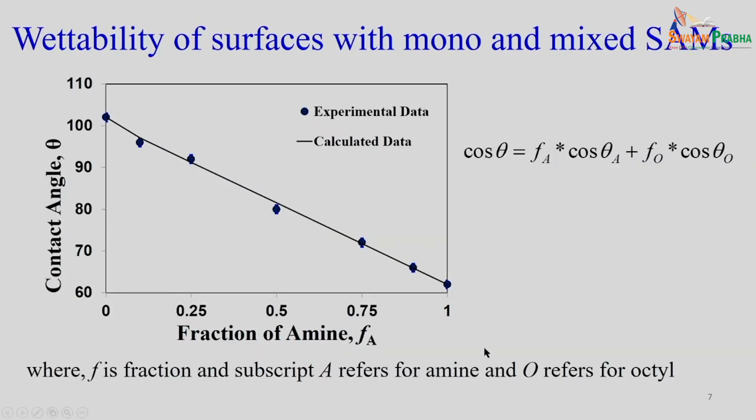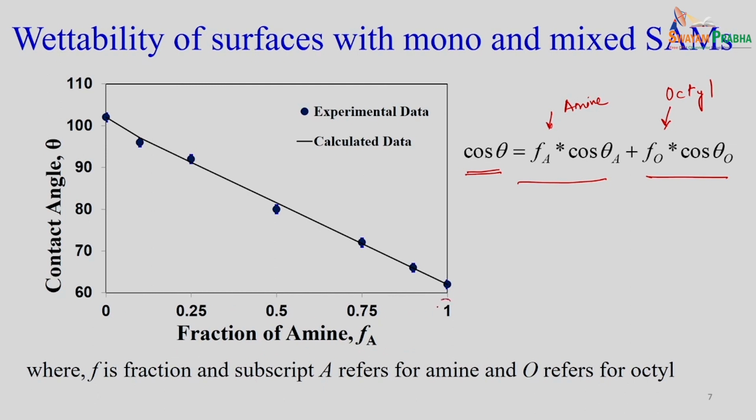As I was saying, the total surface energy is a function of the surface energy of A, meaning amine group, and O, meaning octyl group. Fa is the fraction of amine group present and Fo is the fraction of octyl group present. If you see here, we are increasing the fraction of amine.